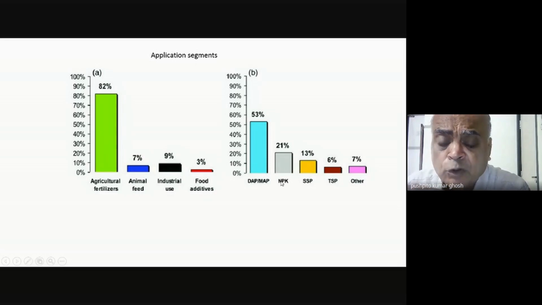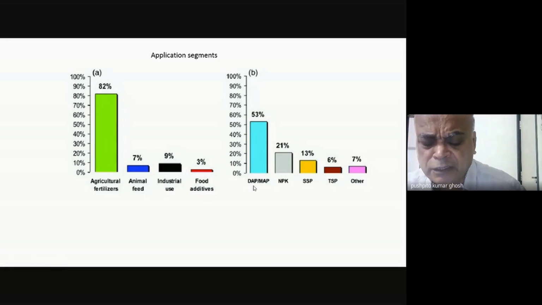You might want a fertilizer with nitrogen, phosphorus, potassium and sulfur all together, but they are blended from things like these, so they are not unique fertilizers in that sense. But altogether, if you add these up, you'll find the total comes to about 82%, which is the bulk of all fertilizers that are sold.